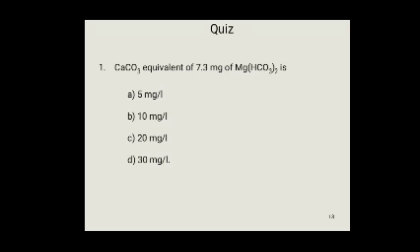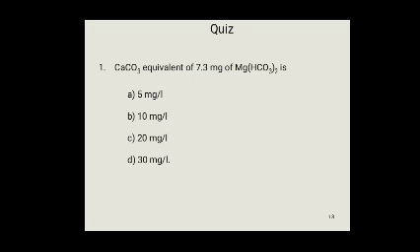Magnesium 24 plus 2 into 1 plus 2 into 12 plus 6 into 16, that is equal to 146. Therefore, CaCO3 equivalent weight 7.3 by 146 into 100.